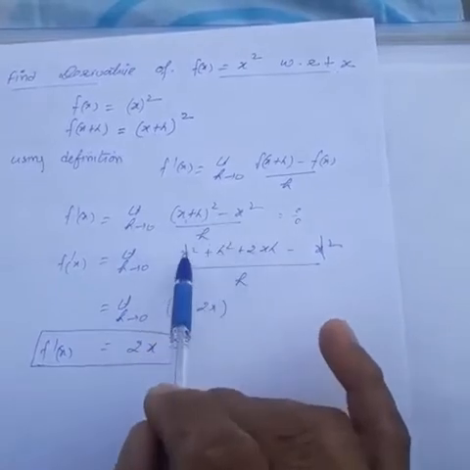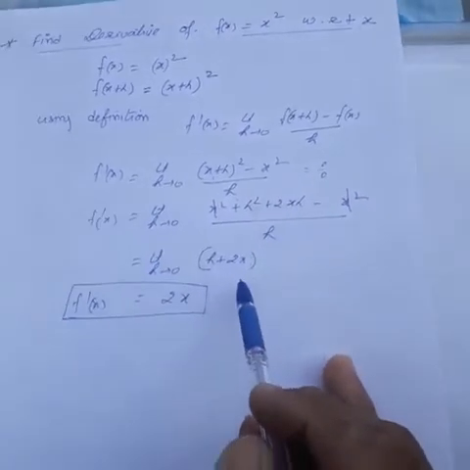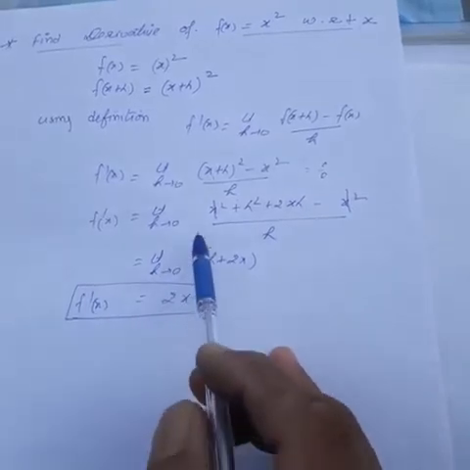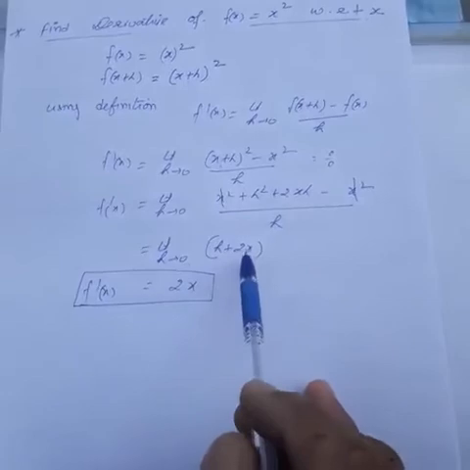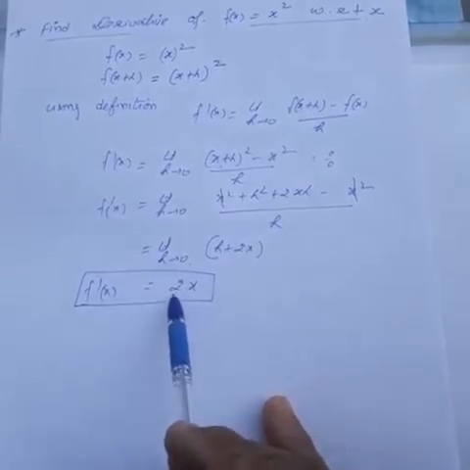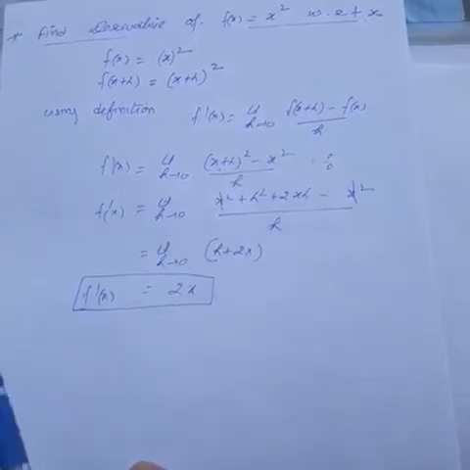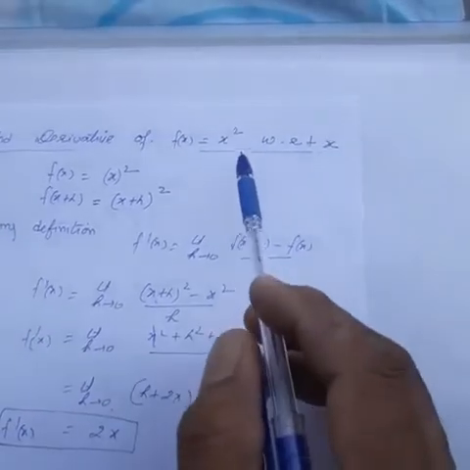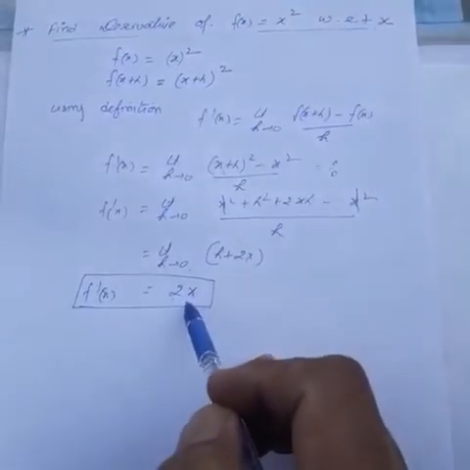So expand the square and simplify it. So it will be h plus 2x when h tends to 0. It is very important to write the limit in every step. And when h tends to 0, this is equal to 2x. So the derivative f'(x) is equal to 2x. It means we can say the derivative of x square with respect to x is 2x.